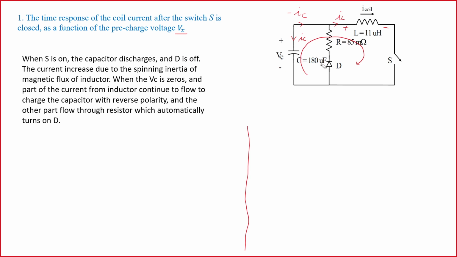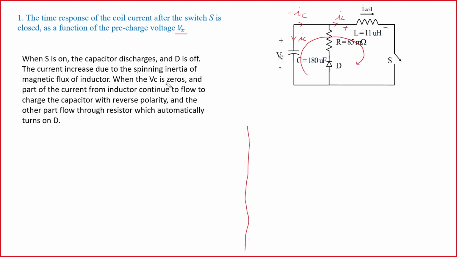So you only have the circuit with current flowing this way. The current starts to increase from 0 to a certain value due to the inertia of the magnetic flux. The current pushes the magnetic flux, so it increases little by little.